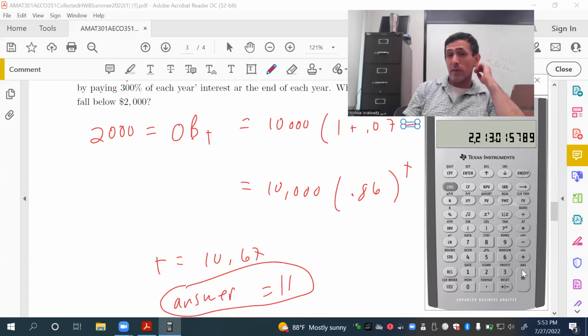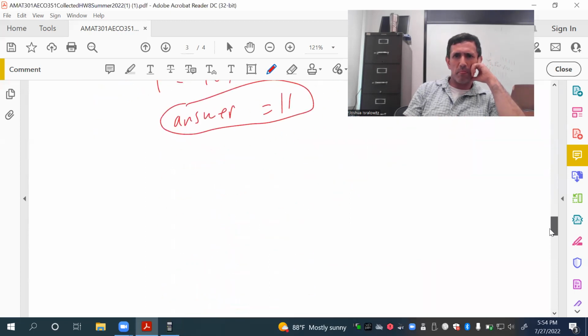We're close to 2,000, $2,200 and $13. Well, if we do 11, let's just multiply this by 0.86. That's going to give us 10,000 times 0.86 to the 11. And we're just below by about $97. We're below 2,000. So this is the first time you're below 2,000.